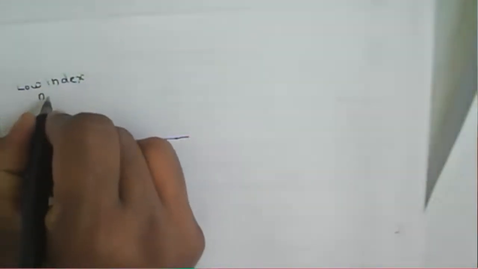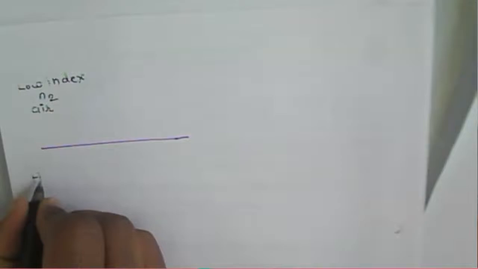So in that case, we consider the boundary of incidence. For this particular boundary, this material has a low refractive index, which we call N2, and that material is air.